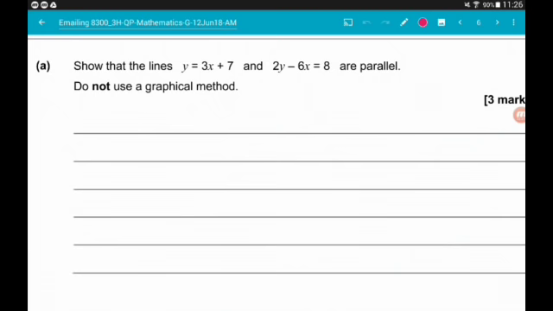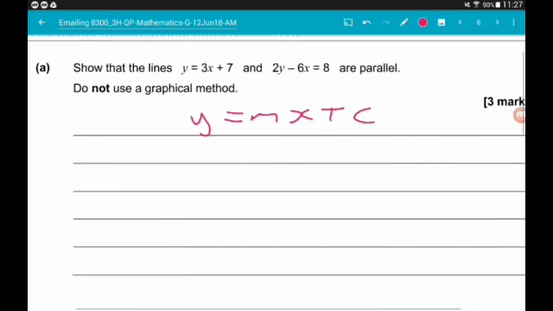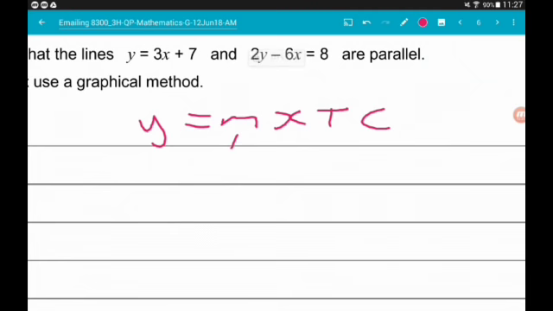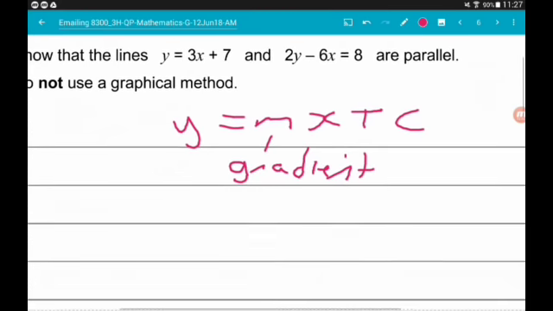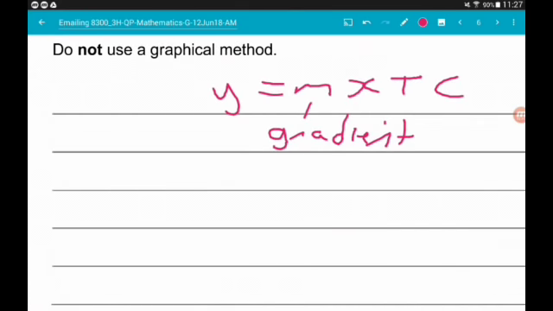Now, in the general equation of a straight line, y equals mx plus c, m is the gradient. So, in the first line, y equals 3x add 7, the gradient is 3.